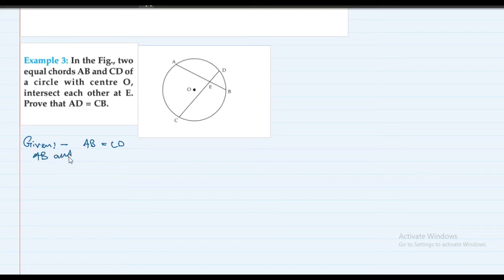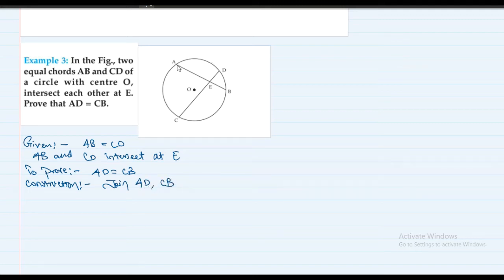AB and CD intersect at E. To prove AD is equal to CB, and construction: join AD and CB. So I'll just join it.